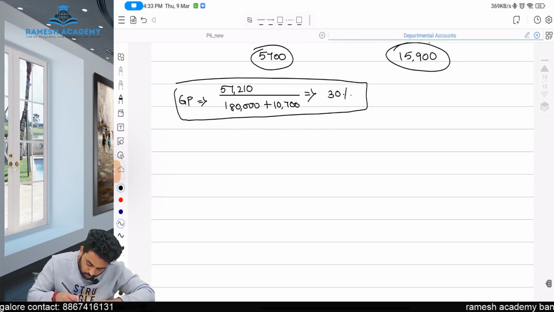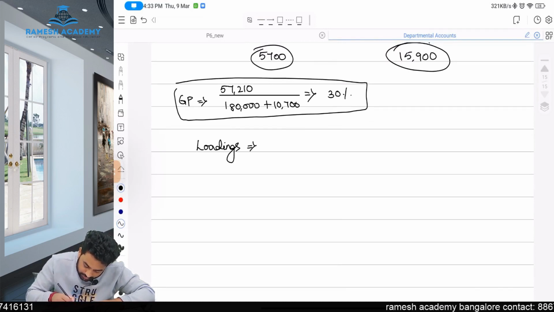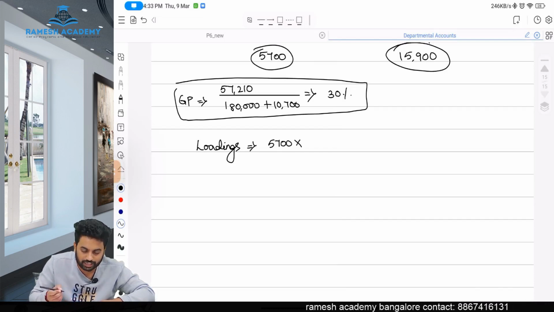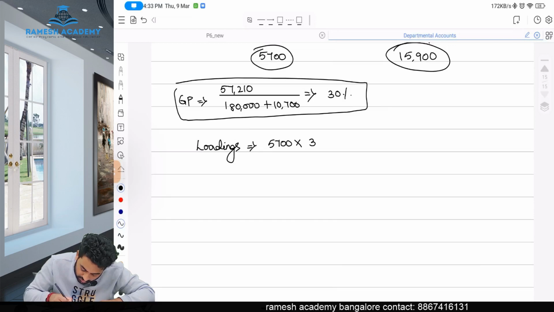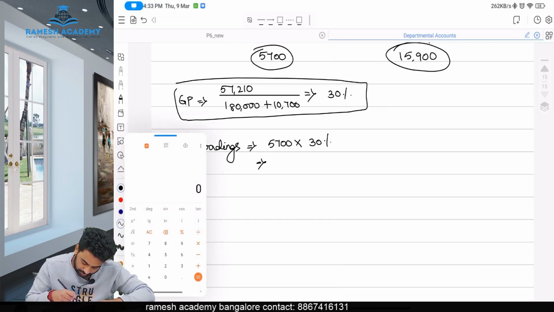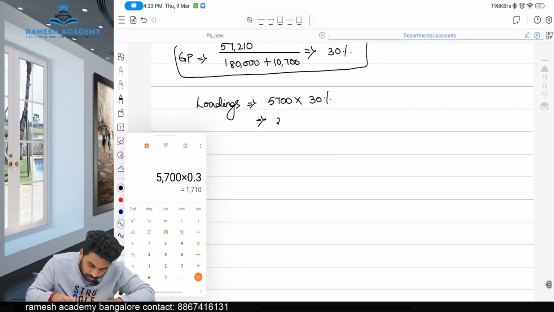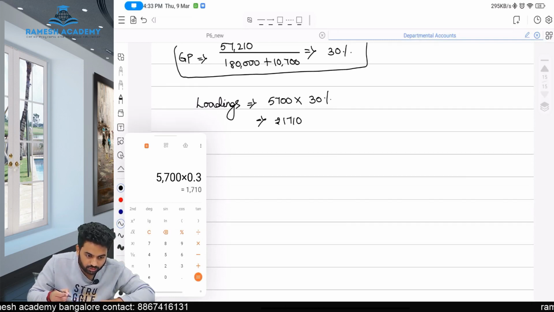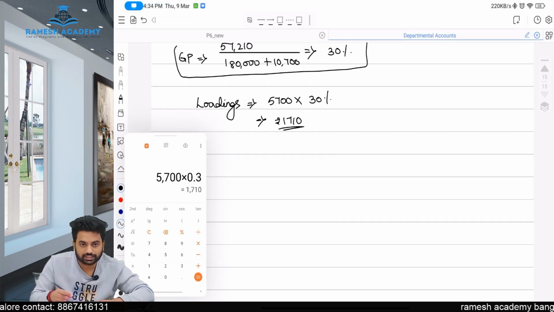Now, how much is the loading? 5,700 is the closing stock sent by K, and out of that 5,700, 30% is a profit portion. So 5,700 into 30% gives rupees 1,710. This is the stock reserve.